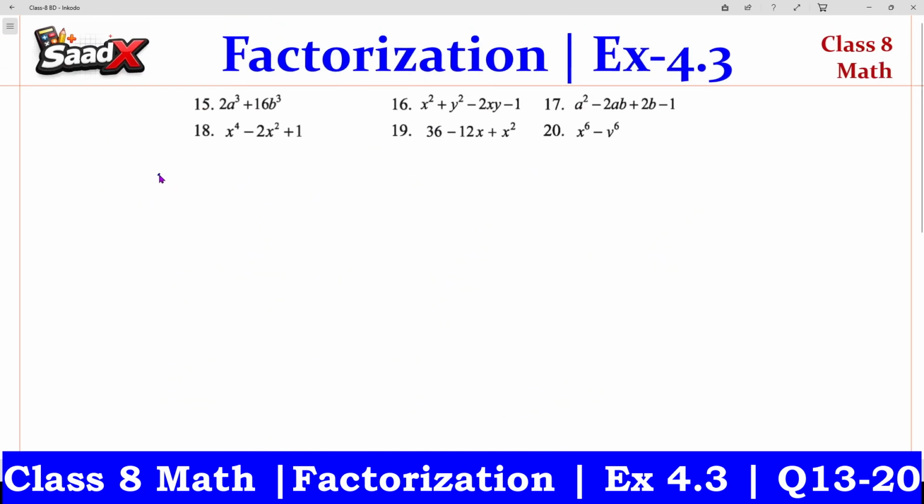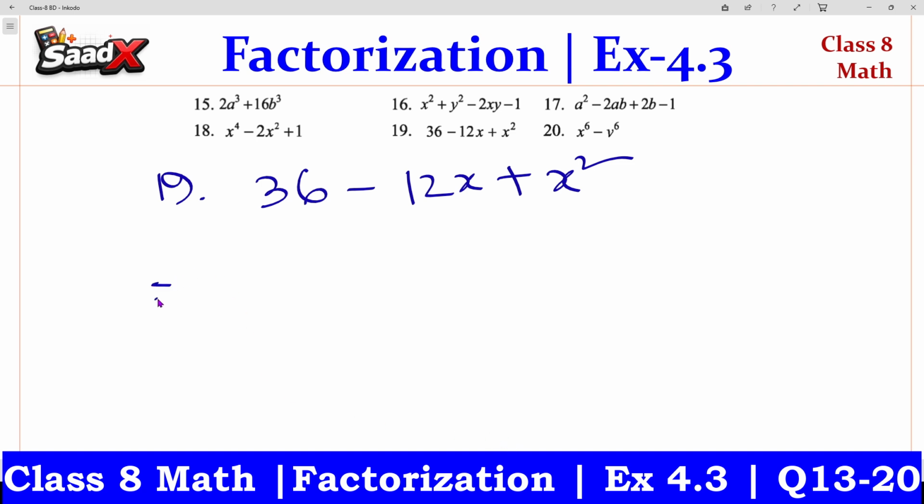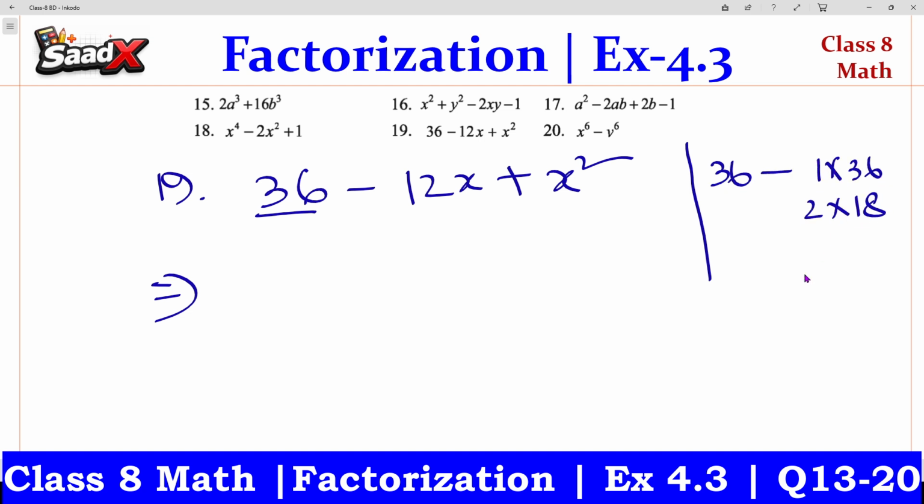Number 19. 36 minus 12x plus x squared. So how can we solve this one? This 36, if we factorize, so 1 times 36, 2 times 18, 3 times 12, 4 times 9 and 6 times 6. So 6 plus 6 is 12.